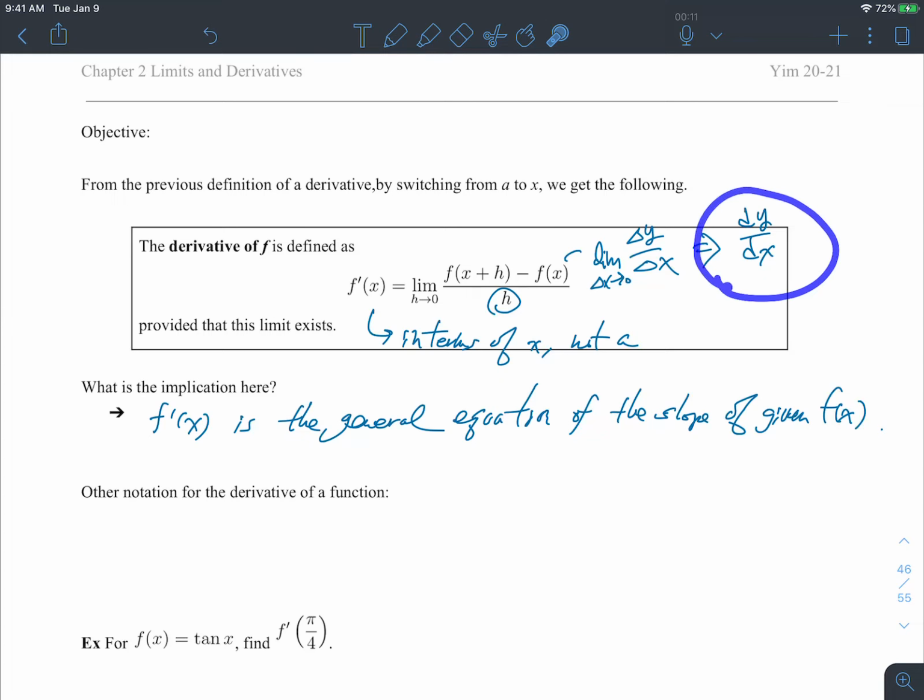This right here is called Leibniz's notation, and this is a prime notation. So this is often called the derivative of f, right? It's the f prime. We'll talk more about that. Okay.